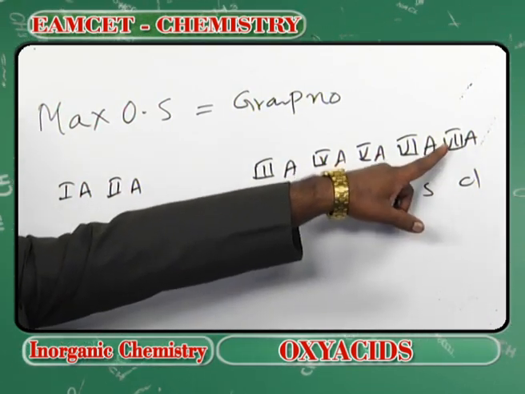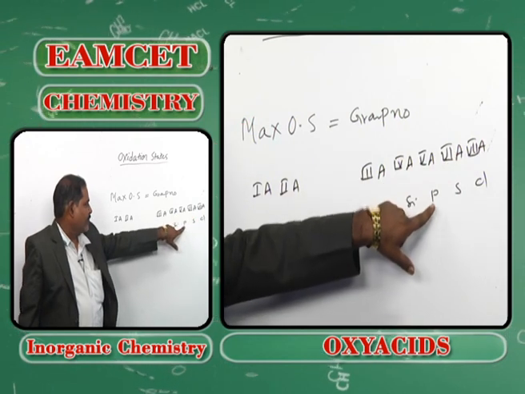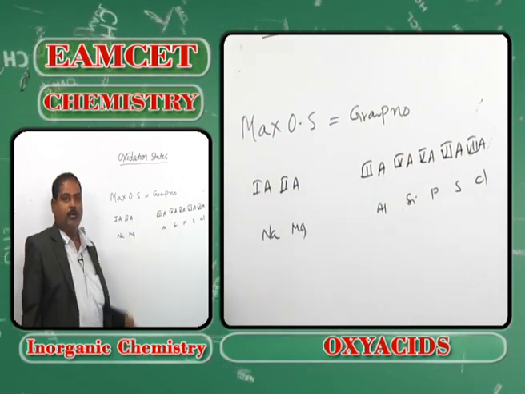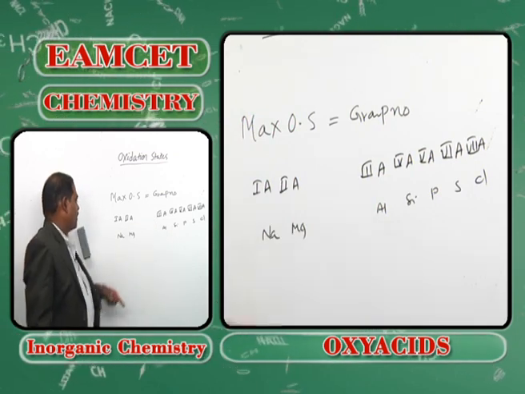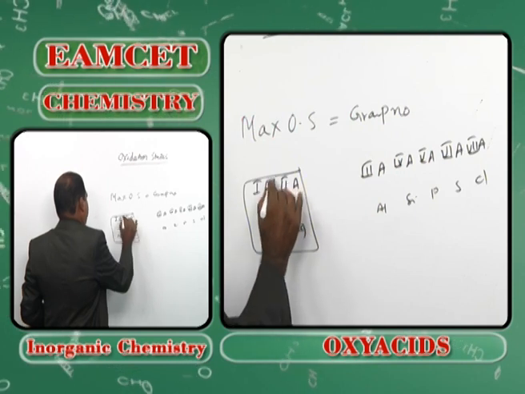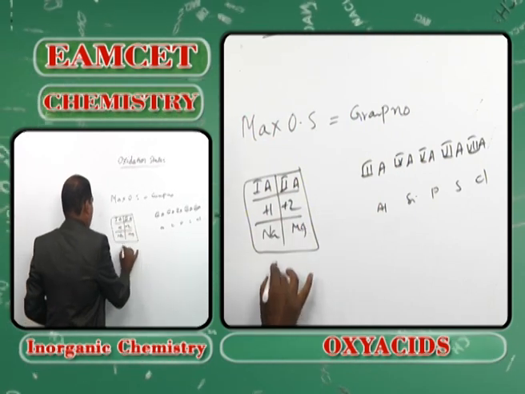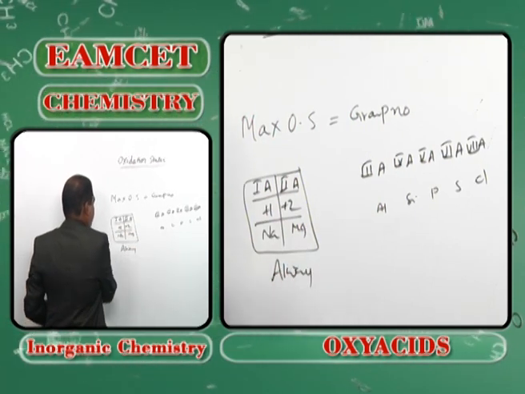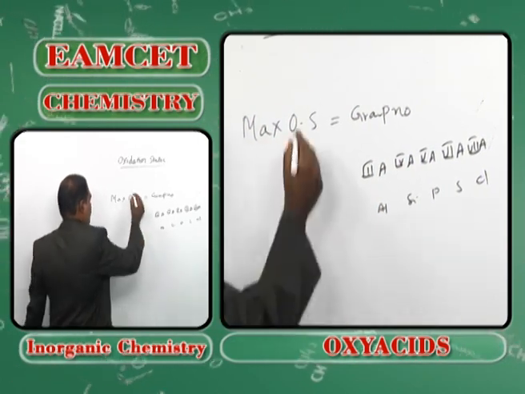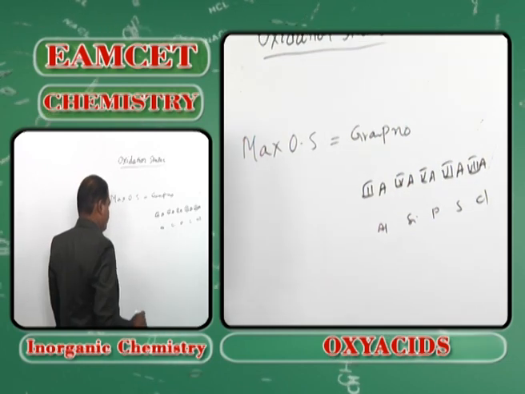Chlorine belongs to 7th group, maximum plus 7. Phosphorus belongs to 5th group, maximum plus 5. Silicon, maximum plus 4. Aluminum, maximum plus 3. Don't worry about 1A, 2A, they are plus 1, plus 2 and fixed. They are always. Maximum oxidation state is equal to group number, for which copper is an exception.